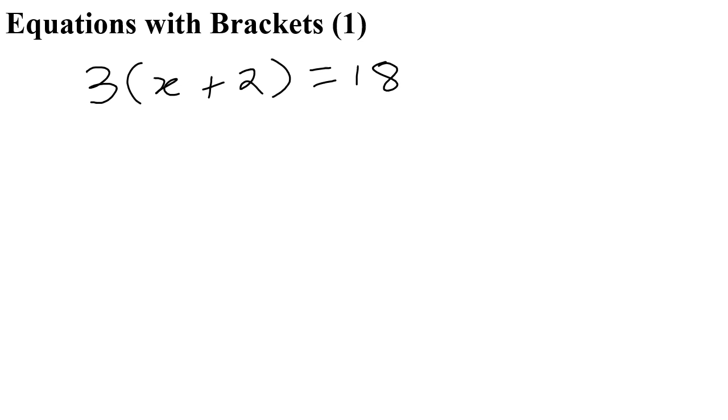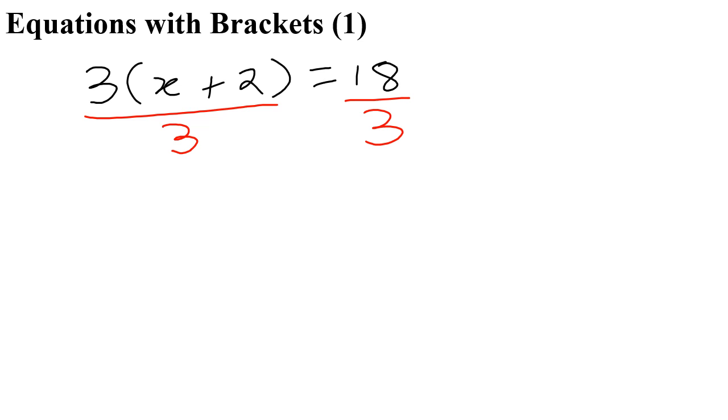Except in this case, if I'm doing this equation, I would first do x plus 2, and then I would multiply that result by the 3. Which means that the 3 is actually the furthest away from x in this case. So I'm going to get rid of that 3 by dividing both sides of the equation by 3.